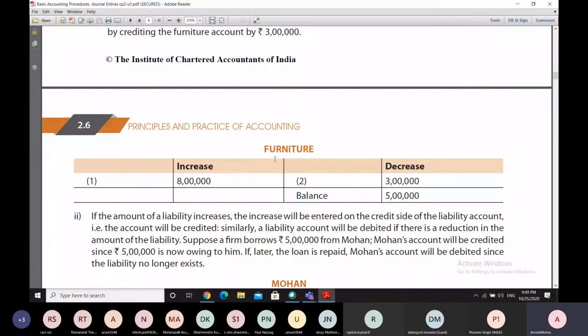So we are showing here a furniture account where when the furniture is purchased, the furniture account is debited because every increase in the asset is written on the left hand side and every decrease in the asset is written on the right hand side by tradition or by convention, whatever you may like to call it.